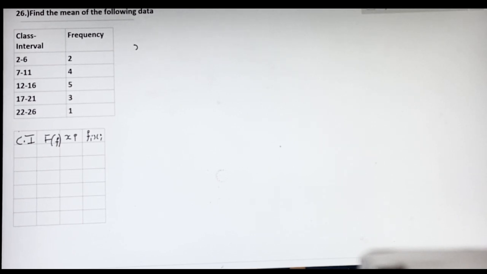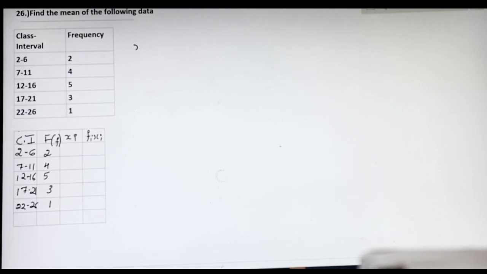That is 2 to 6 of frequency 2, next is 7 to 11 of frequency 4, 12 to 16 of frequency 5, 17 to 21 of frequency 3, and 22 to 26 of frequency 1.